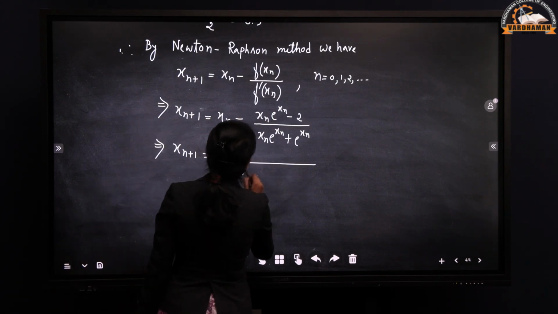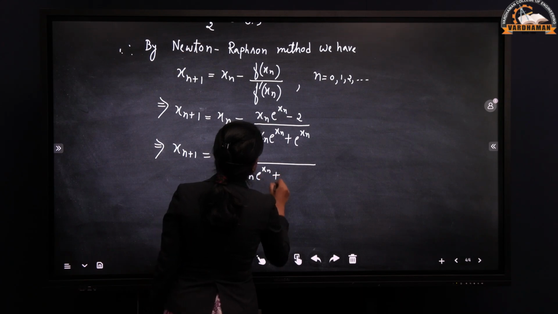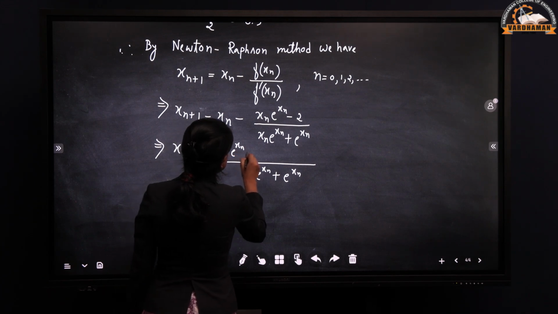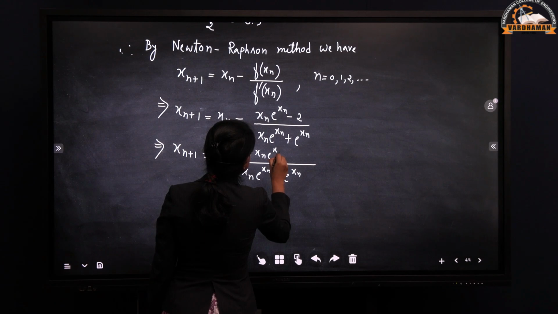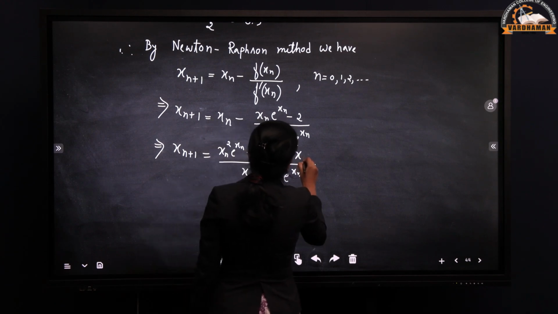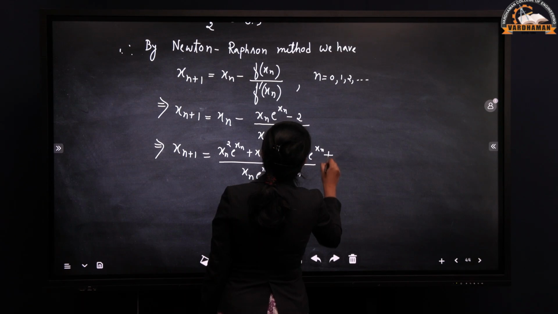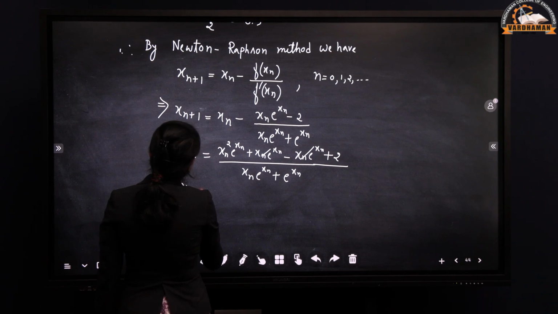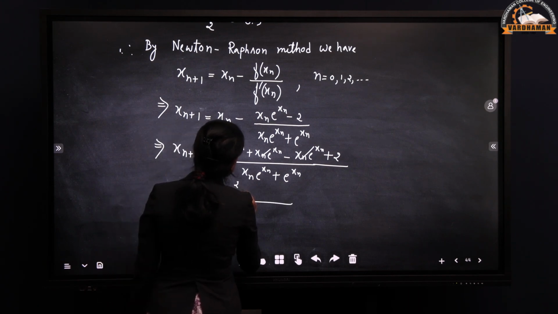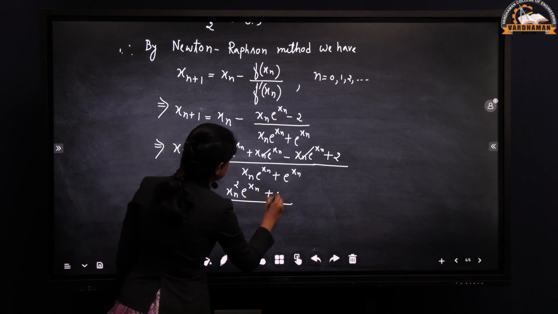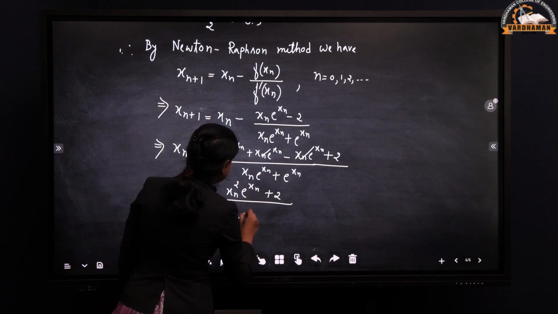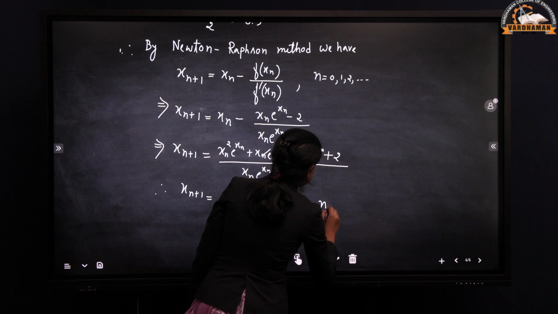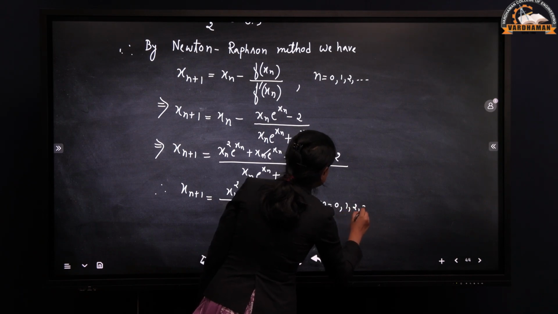This will be xn e^xn plus e^xn in the denominator, and the numerator will be xn^2 e^xn plus xn e^xn minus xn e^xn plus 2. So these two will be cancelled out. So what is left? xn+1 is equal to (xn^2 e^xn plus 2) by (xn e^xn plus e^xn), and n equal to 0, 1, 2, 3 and so on.